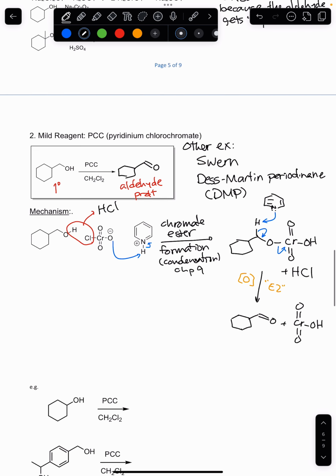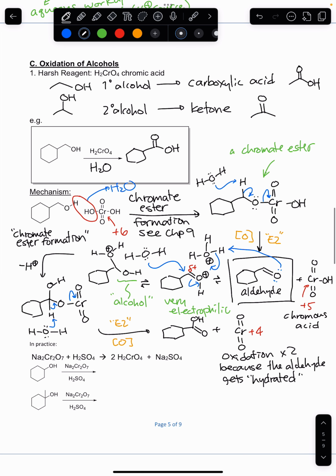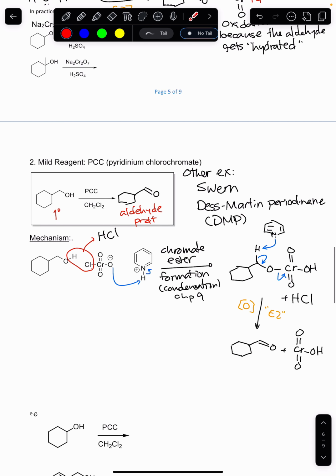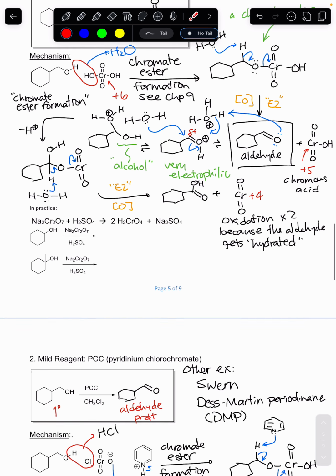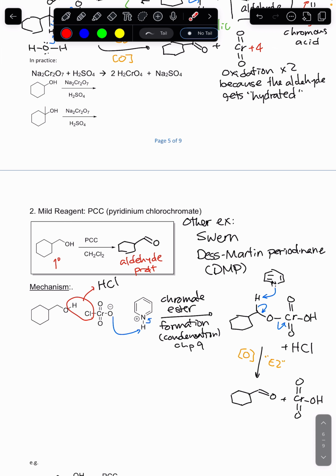And so in this harsh reagent condition, there's going to be enough water molecules around to participate. But I want you to notice in this case, we only condensed and spit out HCl. We didn't even spit out an extra water molecule. So there is no water molecule anywhere at all to be able to hydrate this. Okay, so that's the difference.